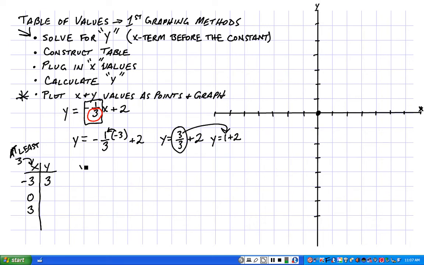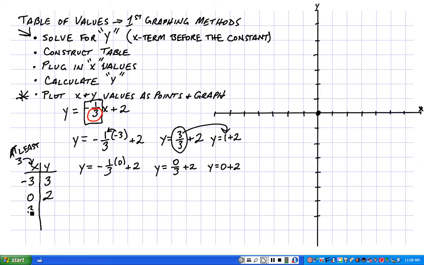Now if I plugged in 0, so that's negative 1/3 times 0 plus 2, well 0 times anything is 0. So you would have y equals 0 over 3 plus 2, and 0 divided by anything is 0, so that would be 0 plus 2, and 0 plus 2 is just 2.